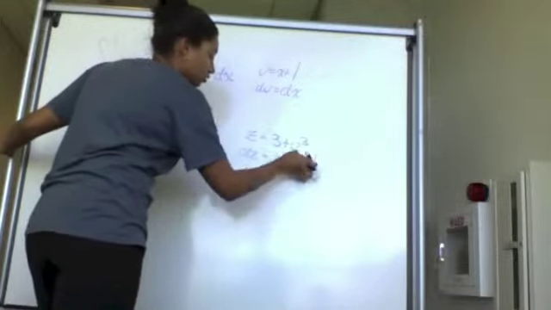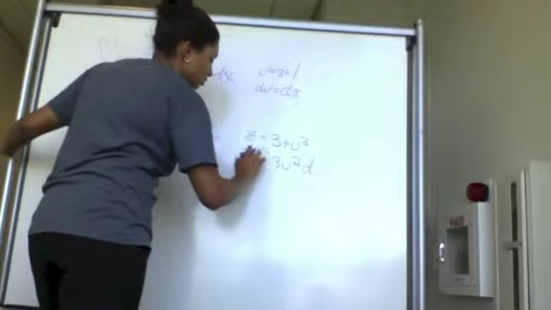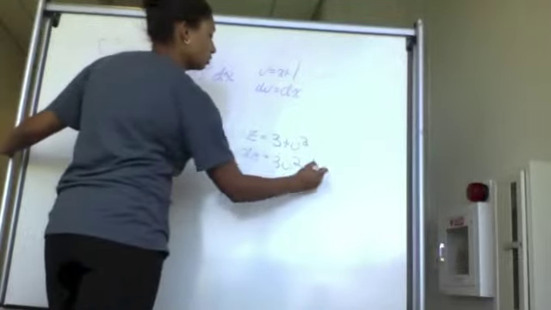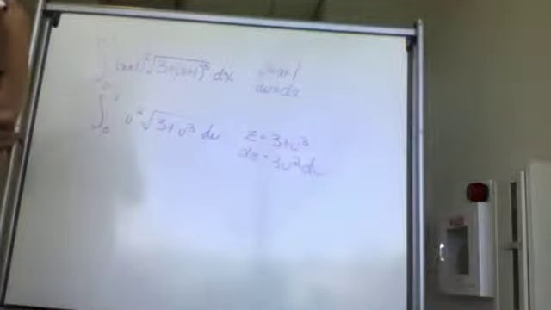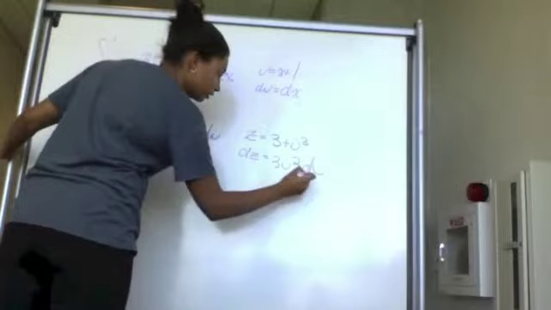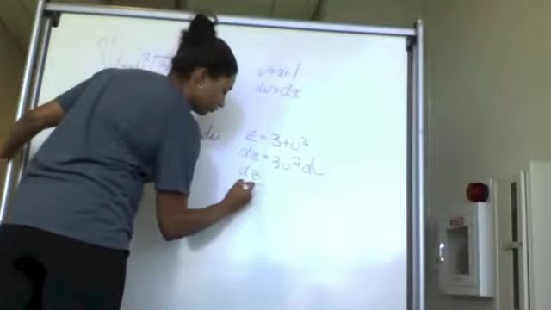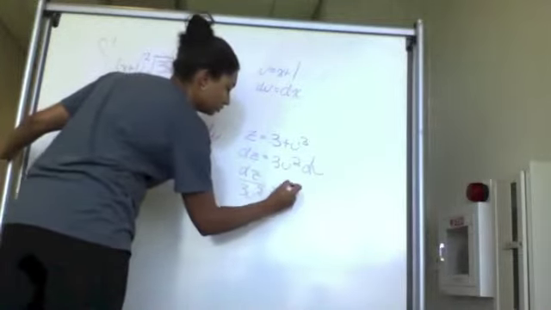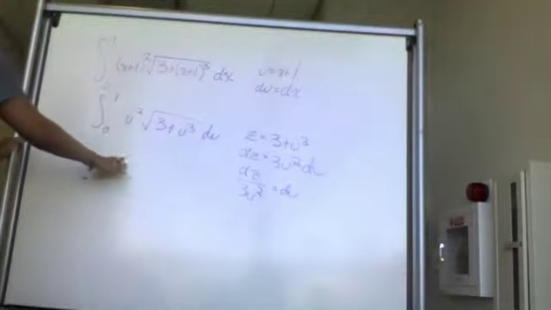And then we just solve for du: dz over 3u squared equals du. Okay. And so now we're going to put that in our integral.